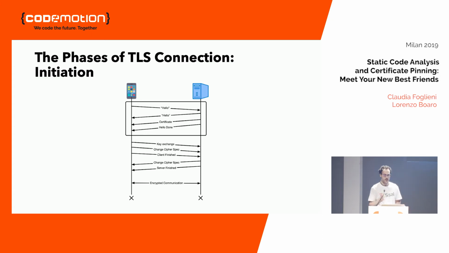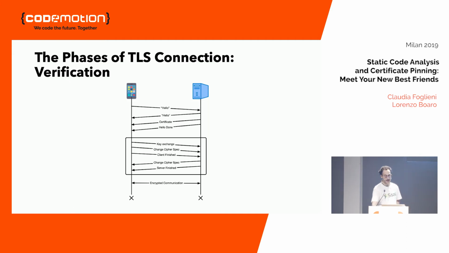The server responds back to the client, giving it the selected TLS version, the selected cipher suite, and also one or more digital certificates. The client then verifies through a validation step, which we will see later, if the certificates are valid.